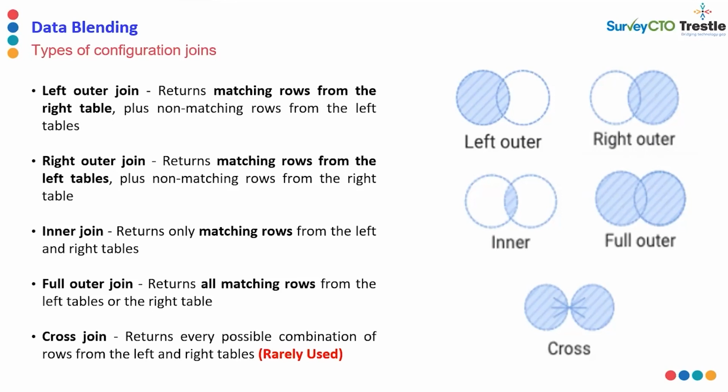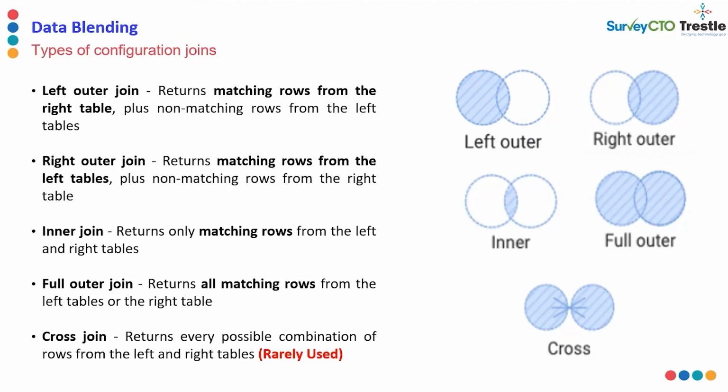Now, if you talk about the right outer, it will match all the rows from the right table plus non-matching rows from the left table. And if you talk about inner, basically it will only intersect, it will only give the data which are matching, let's say baseline and endline, whichever IDs are matching, it will only pull that data.